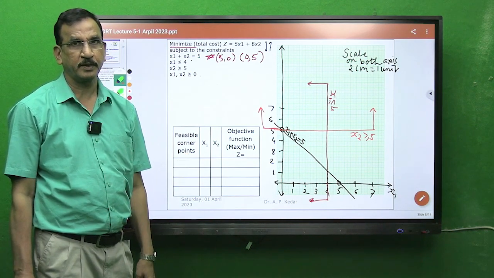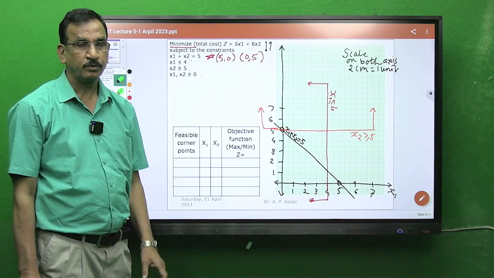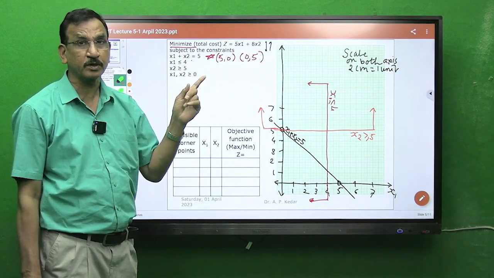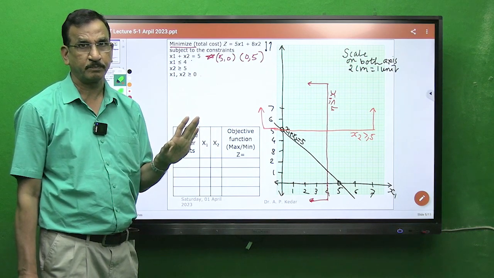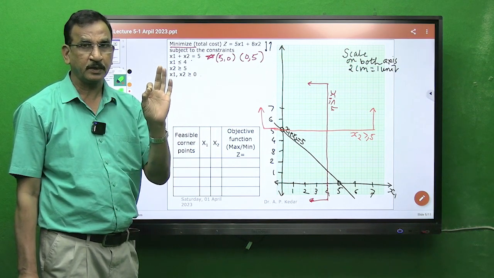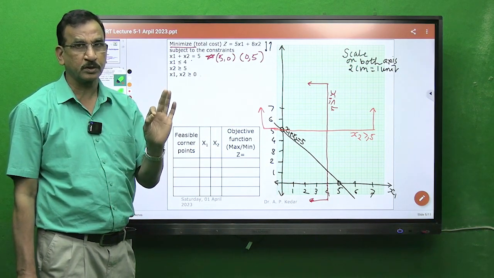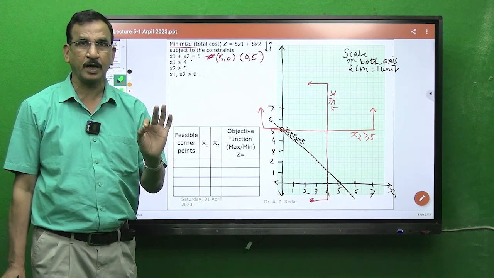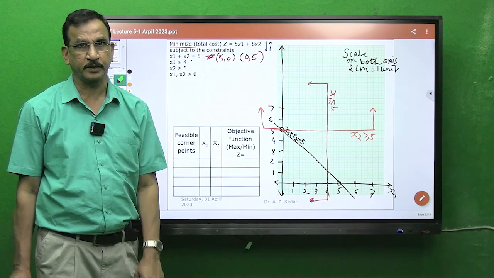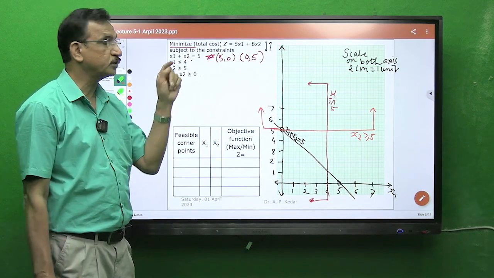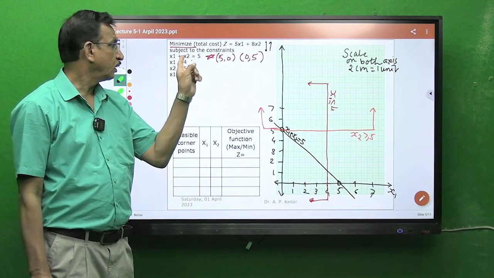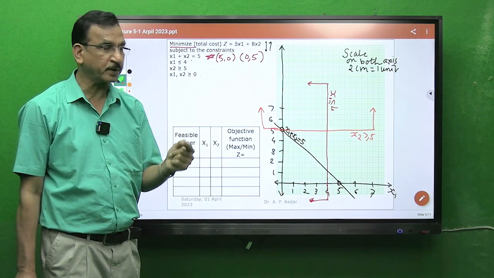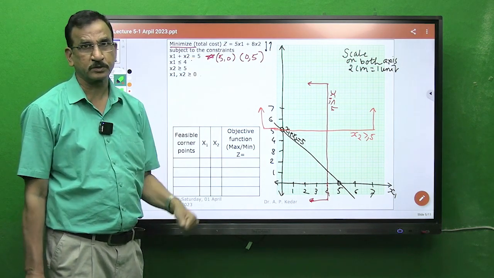What you have to keep in mind is that whenever there is a mixed constraint and one of the constraints is of equal to type, your solution to the problem will always lie on the equal to line, because this is one of the constraints. The solution will lie on the equal to line satisfying the other 2 conditions.